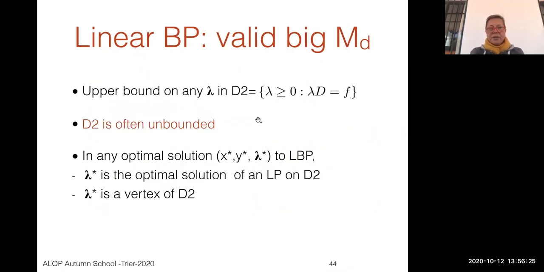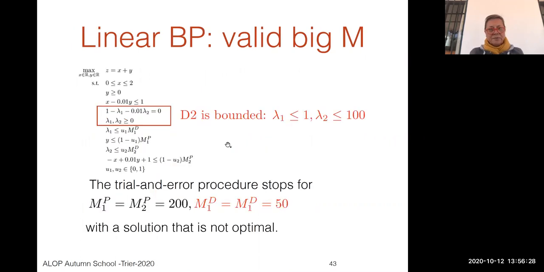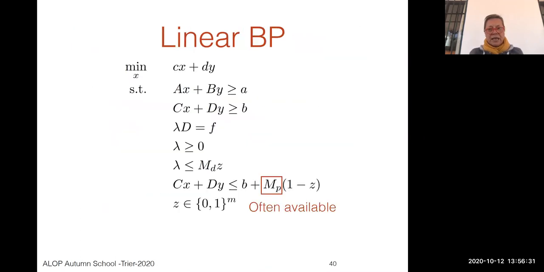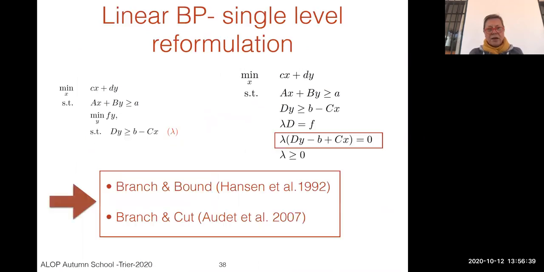Now if you look at the reformulation I had here, I chose, just for you to remark, a bilevel formulation in which I have only inequalities. So in the dual, the dual variables must be non-negative, and the constraints are all equality. So my dual of the second level is just lambda d equal f and lambda non-negative.